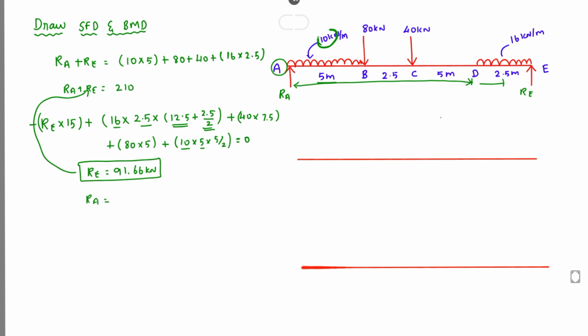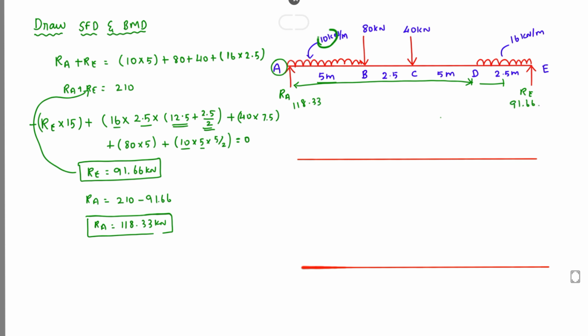RA equals 210 minus 91.66, so the RA value is 118.33 kilonewton. So now we have found the reactions: RA is 118.33 and RE is 91.66.